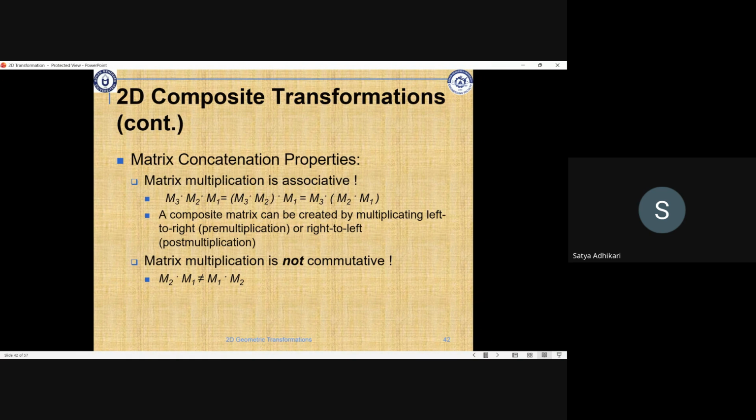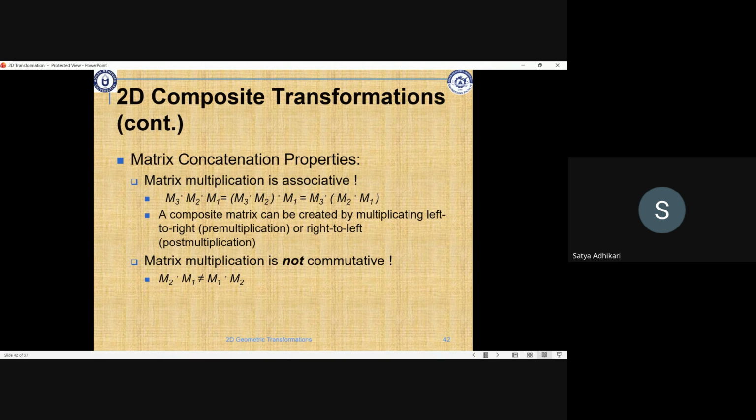If we don't have a homogeneous coordinate system, two matrices can be multiplied only under some criteria. In matrix multiplication, if you multiply two matrices A and B, the number of columns in matrix A must be equal to the number of rows in matrix B. So there are some properties of matrix multiplication.